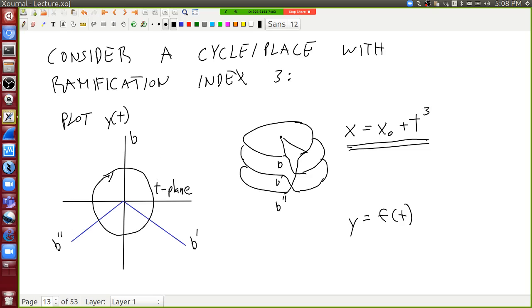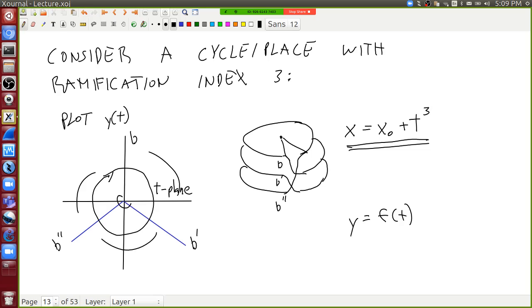I can assign these 3 sheets to these 3 sectors, however I want. And I get, I'm plotting y as a function of t. It kind of like unraveled the sheet and made it flat. And so I got my x's that map to t cubed plus whatever the origin value here is, and then the y values. And the implicit function theorem is telling us that the thing is analytic everywhere else.